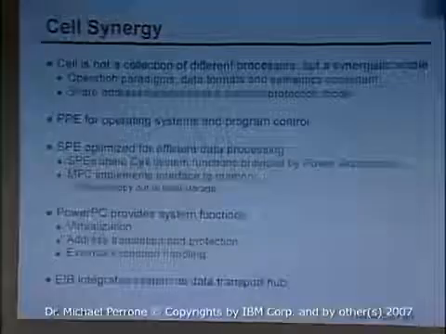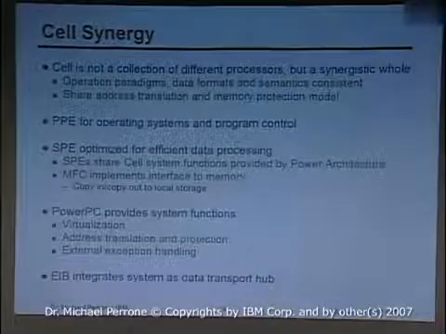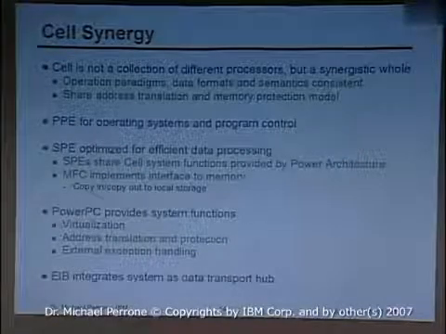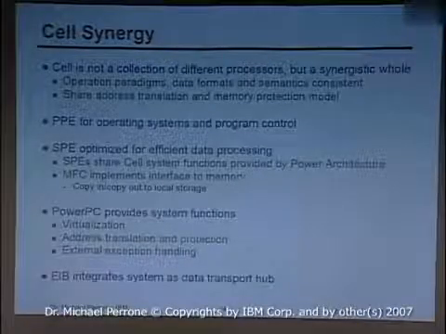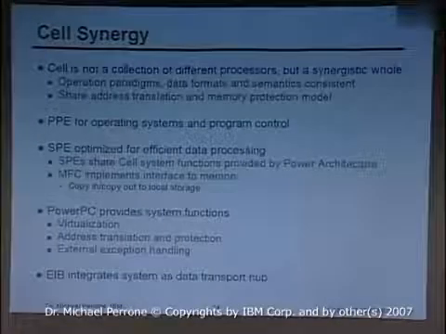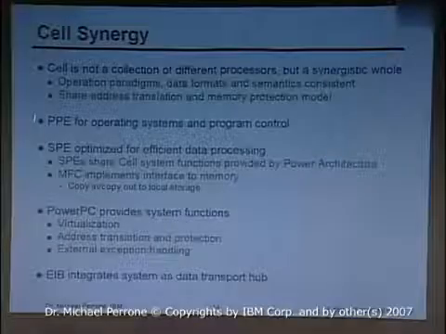It's not that important. Okay, cell synergy. Now this is kind of, apple pie motherhood kind of thing. The cell processor was specifically designed so that those 9 cores are synergistic, right? That they interoperate very efficiently. Now, I told you we have 8 identical processors. We call those SPEs, and the 9th processor is a PPE.